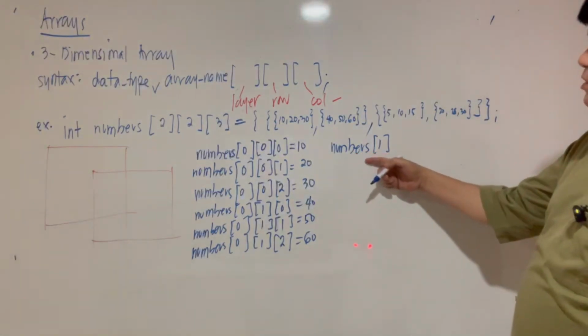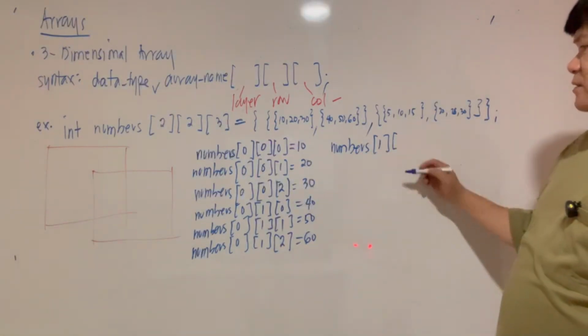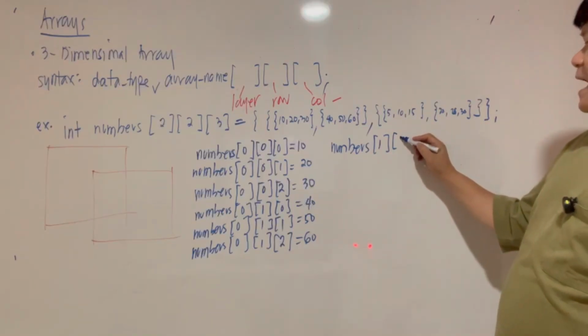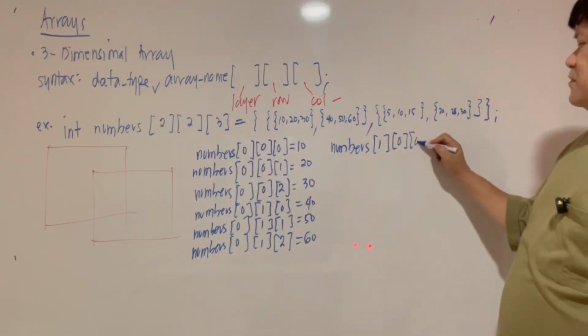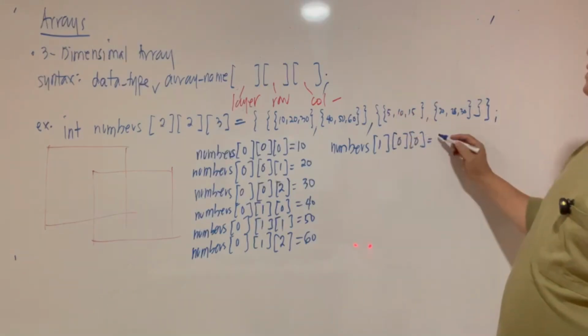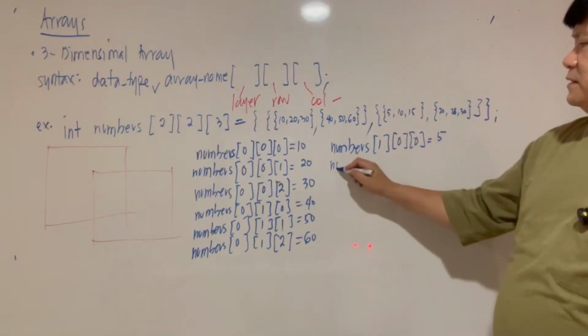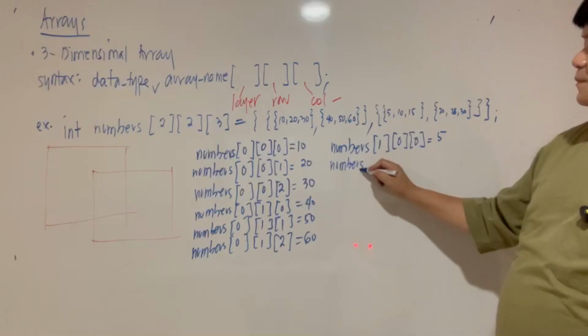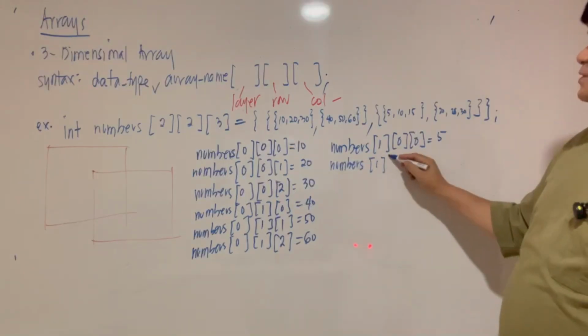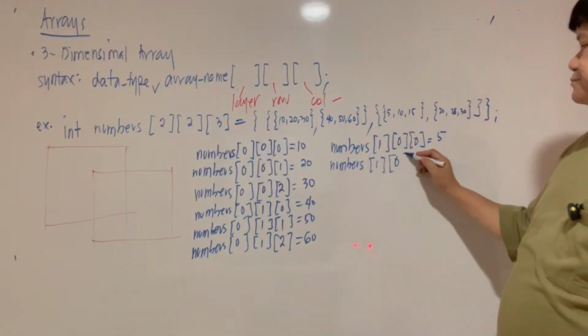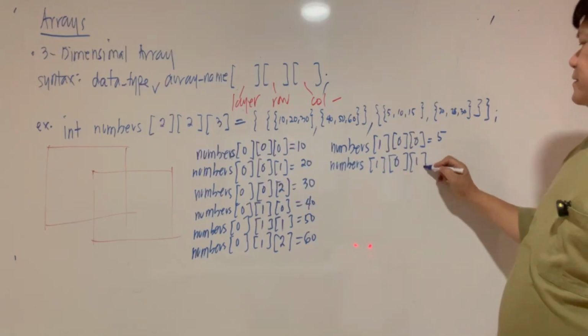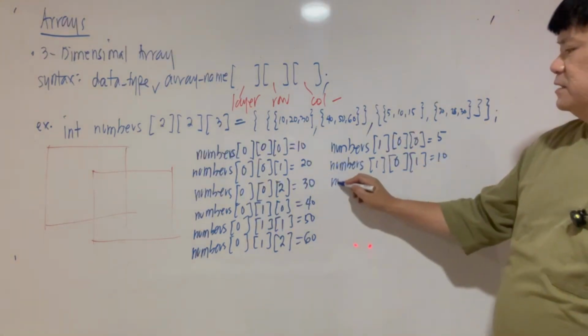Same matter with the second layer. You have numbers 1, for the second layer, first row, first column, so that will give you 5. Numbers, again for the second layer, 0, 1, that will give you 10.